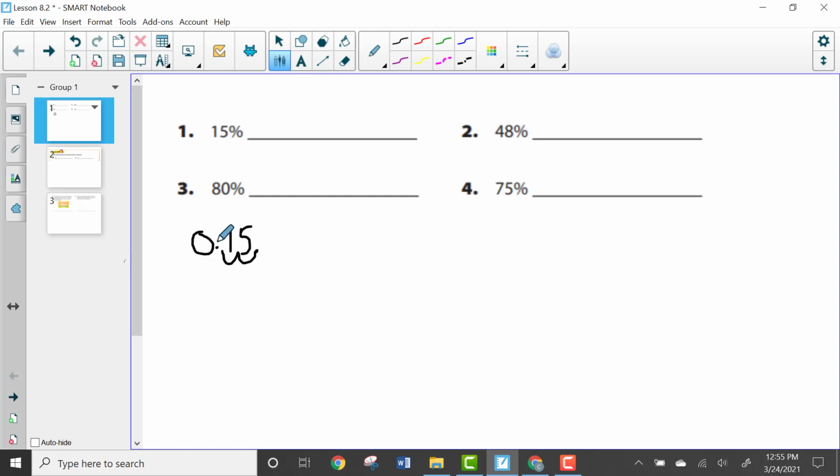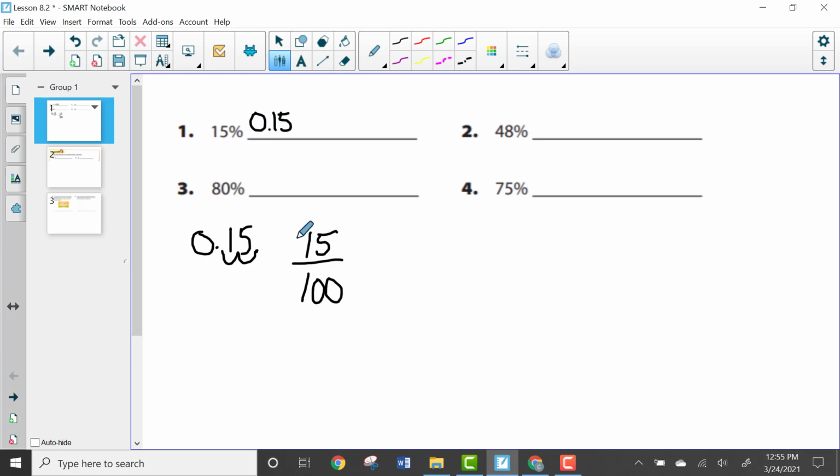And we can see that 15% is equal to 15 hundredths. You just move that decimal point 2 places to the left, whatever percentage you have, and that'll make it into the decimal. Why is this the case? Because 15%, if you remember, a percent is always out of 100, equals 15 hundredths there.